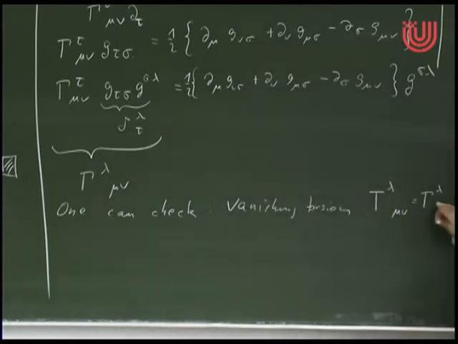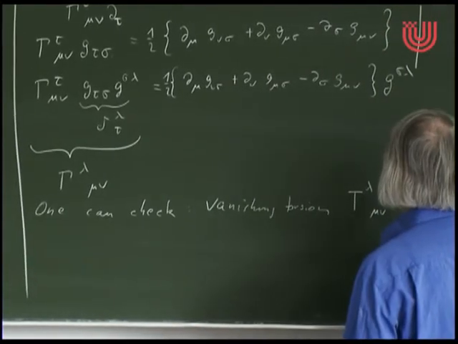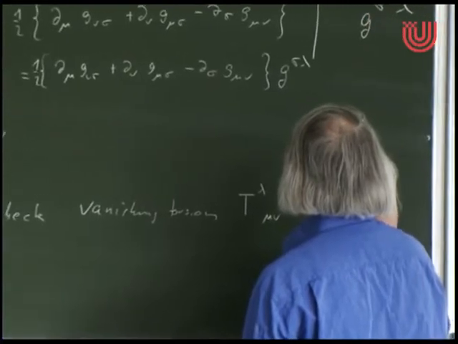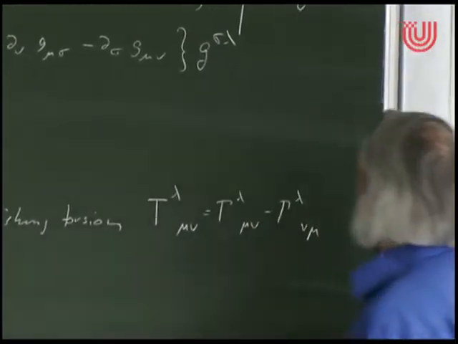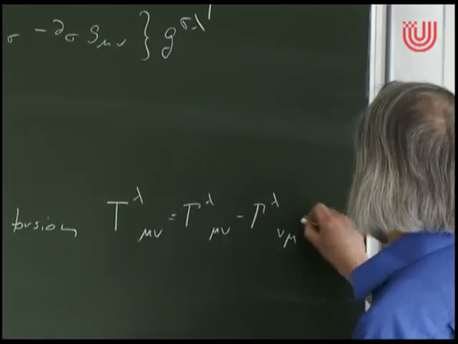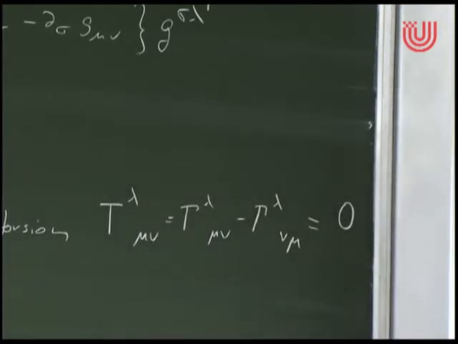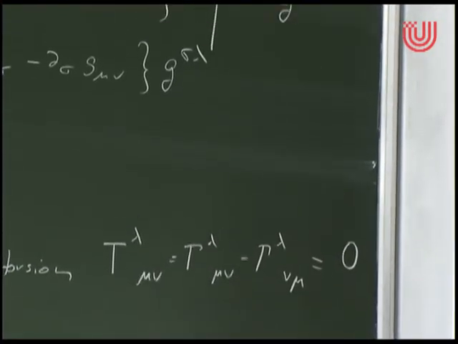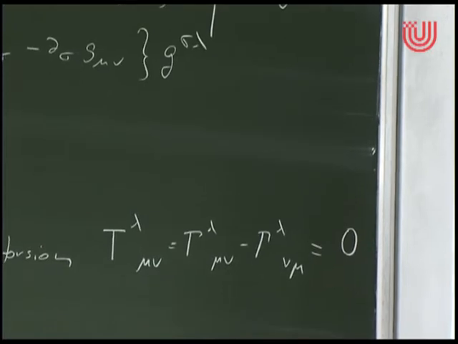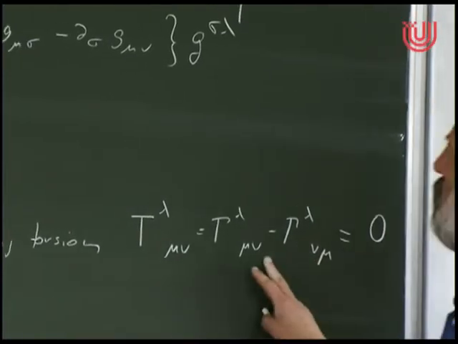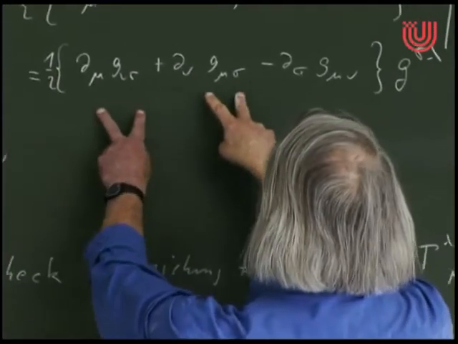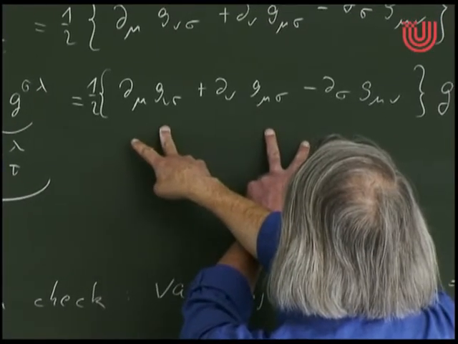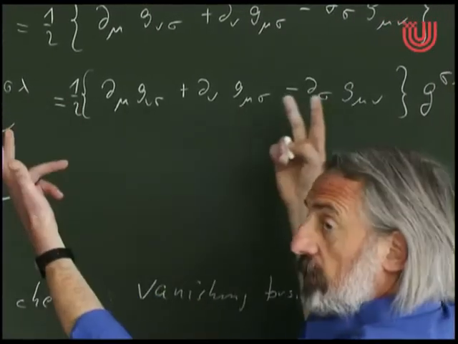It could be expressed in terms of the Christoffel symbol by this expression. And if we have vanishing torsion, this must of course be 0. Well, I think you can do this without writing anything down, just by looking at the expression. If I interchange mu and nu, these 2 terms swap places, right? But as a sum, they remain the same.